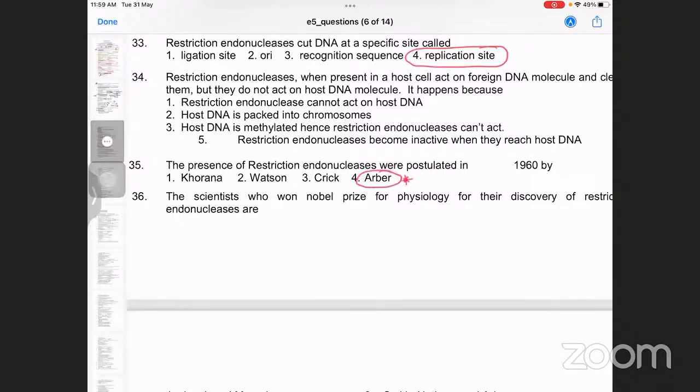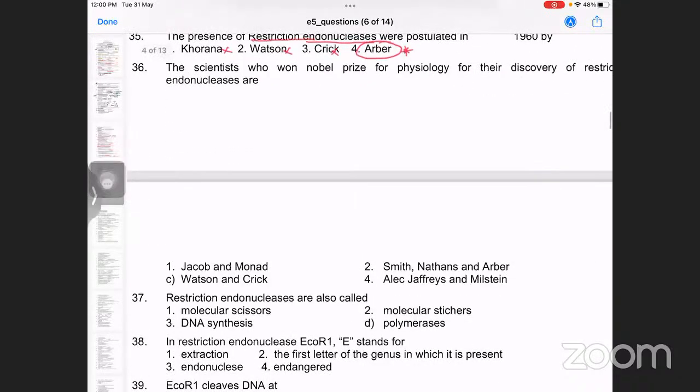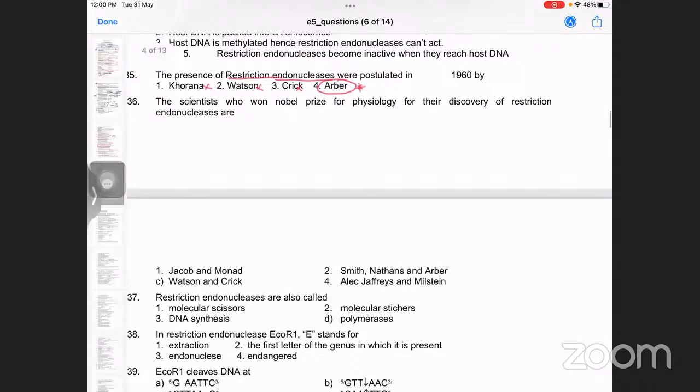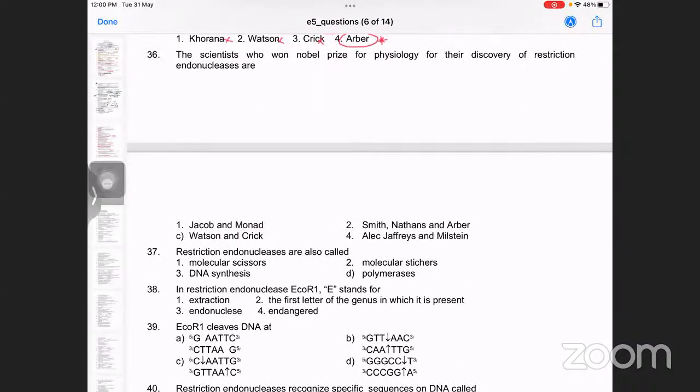Arber was the scientist who gave the name restriction endonuclease. Not Corona, not Watson, not Crick. Watson and Crick gave the double helix structure of DNA, and Kornberg explained the molecular principles of replication. The scientists who won the Nobel Prize for the discovery of restriction endonuclease are Smith, Nathans, and Arber.